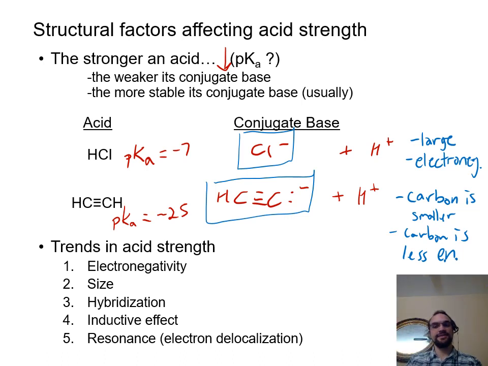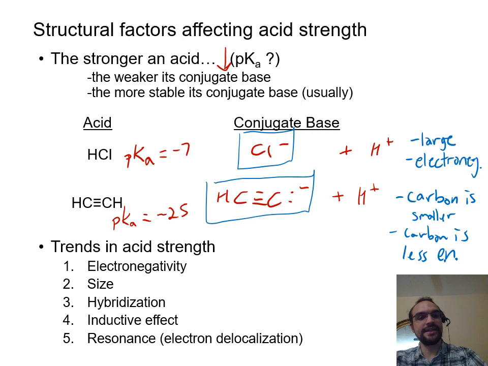It's not as comfortable having that negative charge. So for acetylene to lose its proton is not a good thing, because its negative charge ends up on a small atom that's not electronegative, in contrast to chloride. That's why we see such a huge difference in the pKa values.